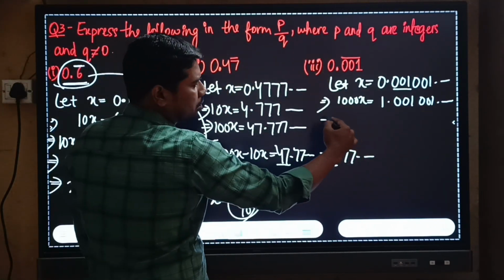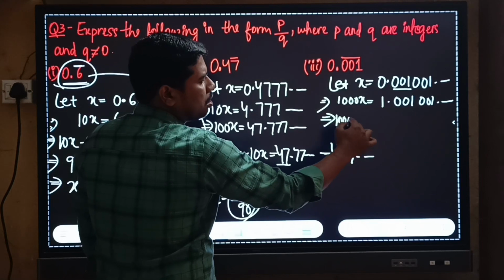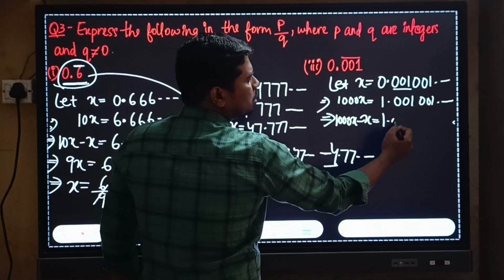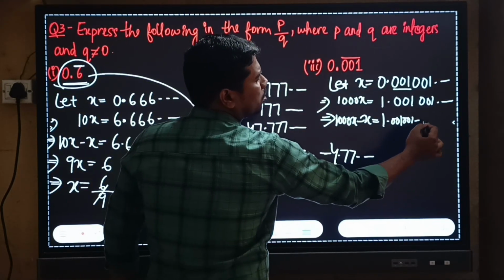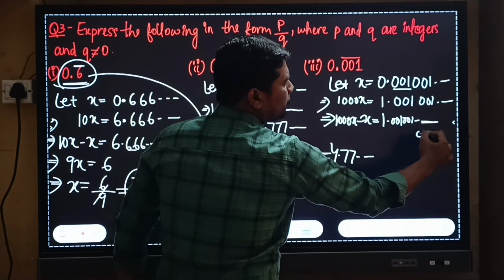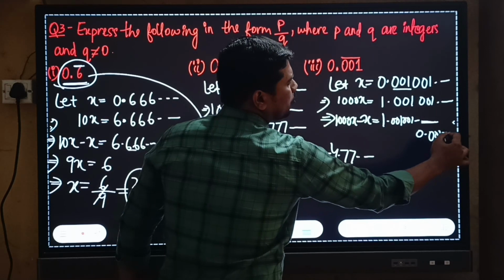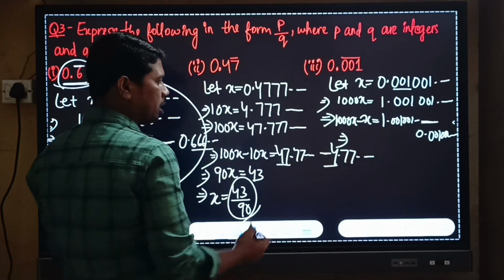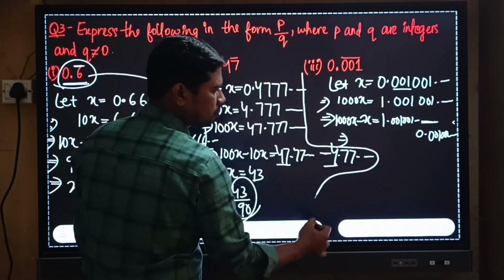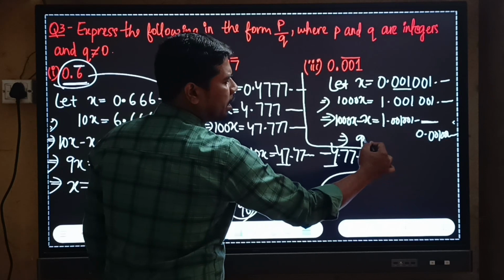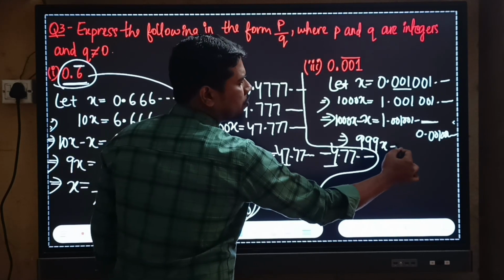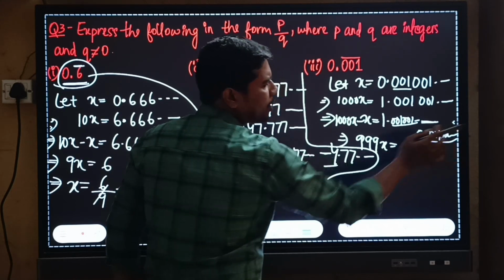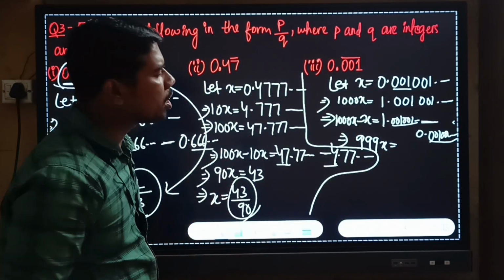Now you can subtract 1000x minus x is equal to 1.001001 minus 0.001001 like this. This is also 1000x minus x, the result is what? 999x is equal to, after the point 001, 001, whenever it subtracts, it will become 0.